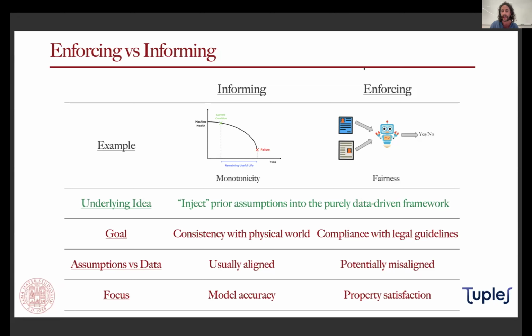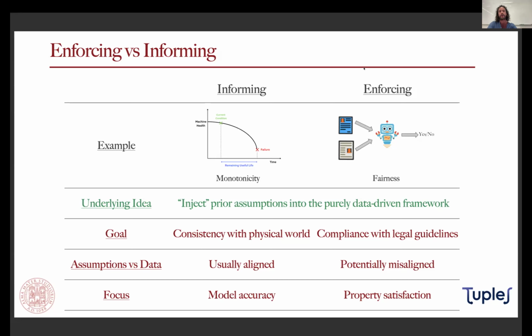And this is because here we have two objectives: property satisfaction and model accuracy. And these two objectives, again, might diverge. At this point, you have to choose the one to prioritize, or at least from the perspective of this work, we definitely choose one to prioritize, and this is property satisfaction, okay? So first of all, we want to satisfy our property. Then we look at the accuracy. And you already expect that if you want to achieve property satisfaction, then you have to pay something in terms of model accuracy, okay?